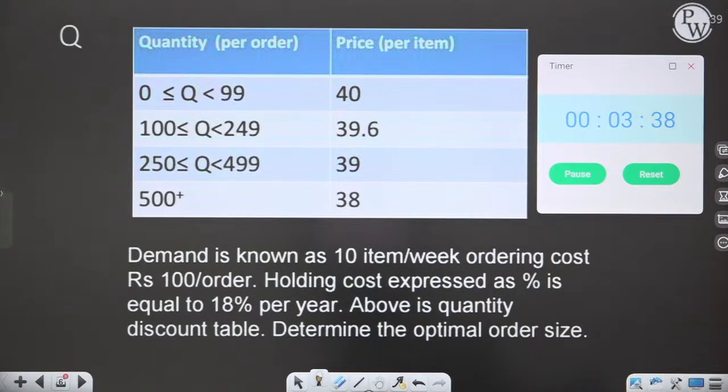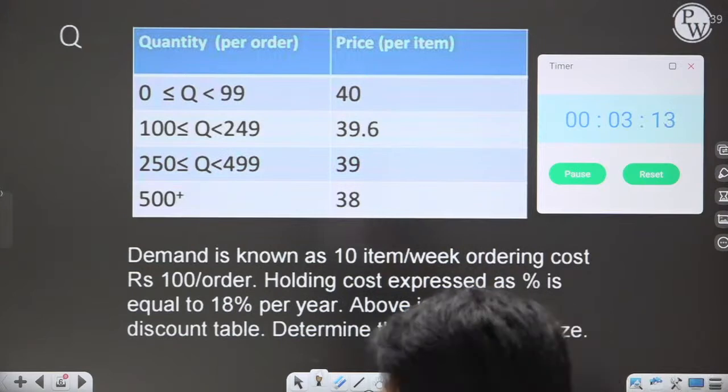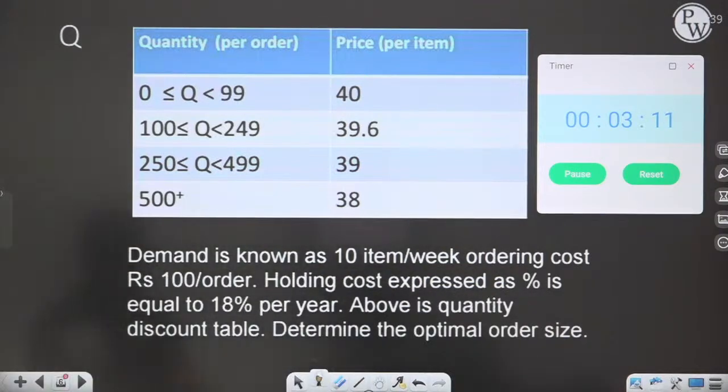So first of all, find out the economic order quantity, and find out whether on the economic model you are getting the minimum total cost. If yes, then select that model, my dear.